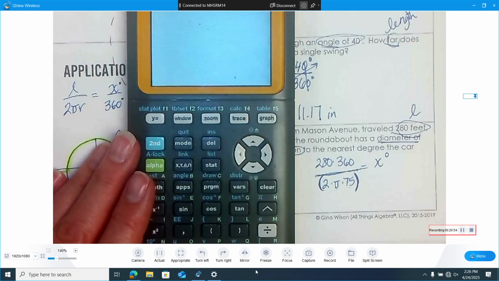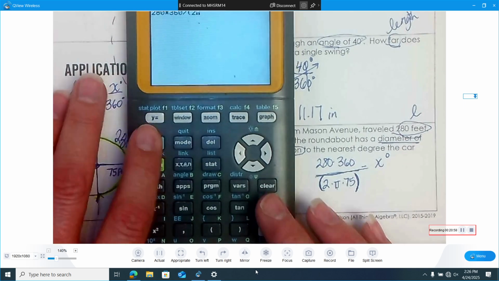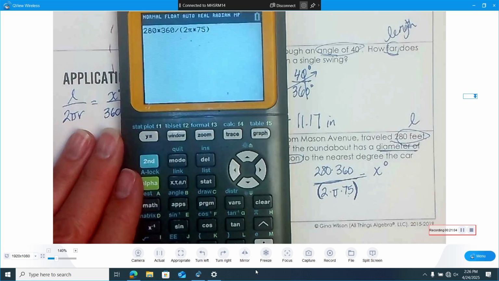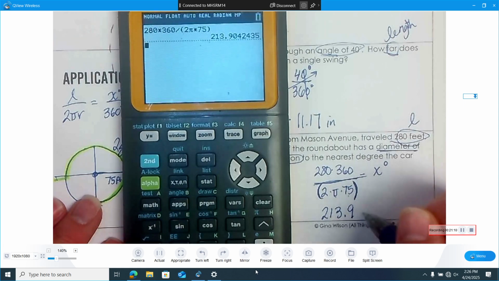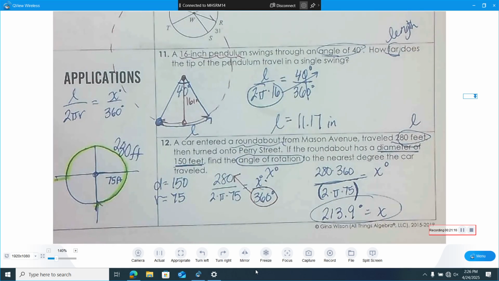Of course, you can just use your fraction thing you guys learned. So I've put all of the denominator in parentheses so that I get 213.9 degrees. So it rotated around the center 213, almost 14 degrees.